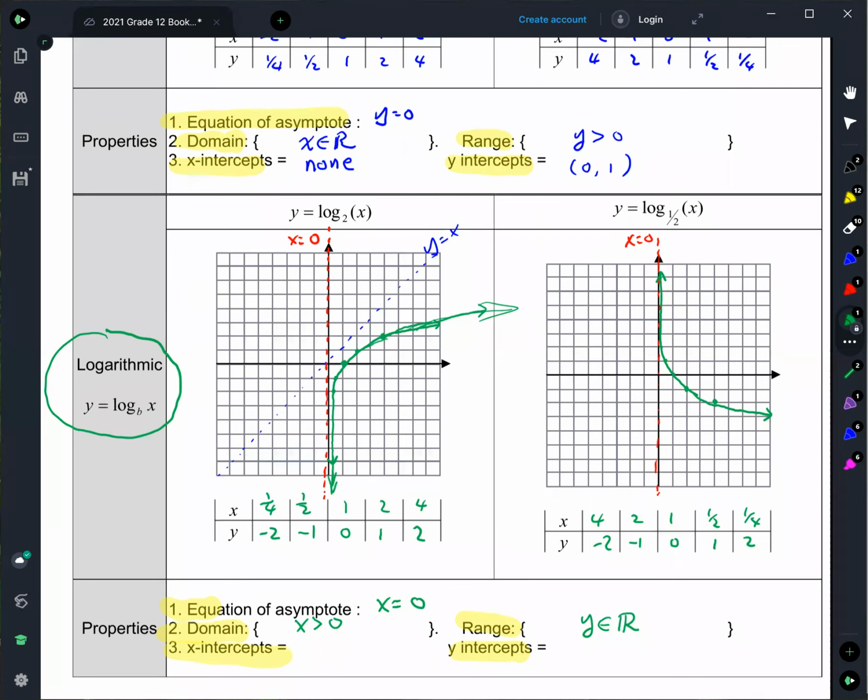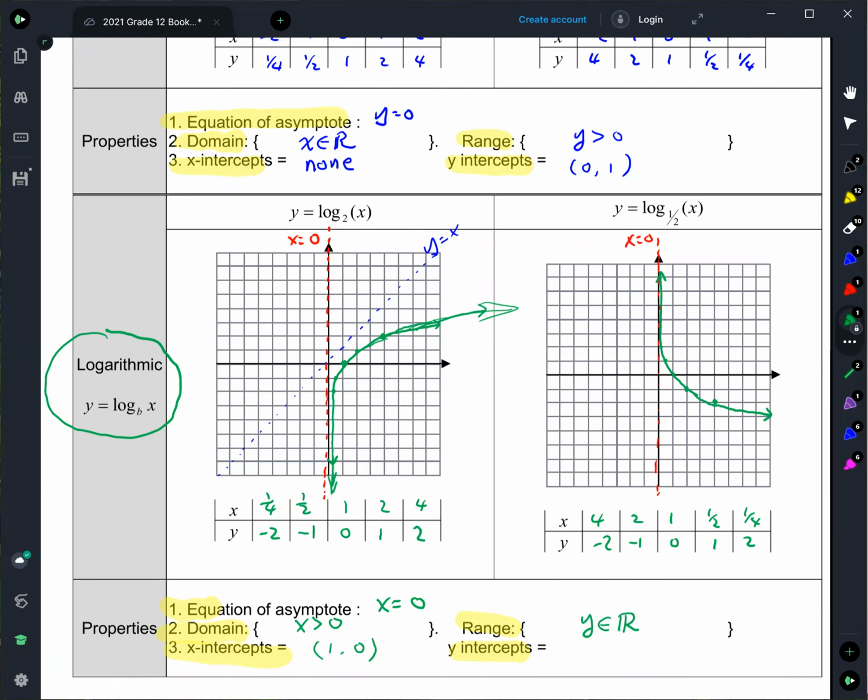Right, Angela, x-intercept? Is it 1, 0? Yeah, okay.